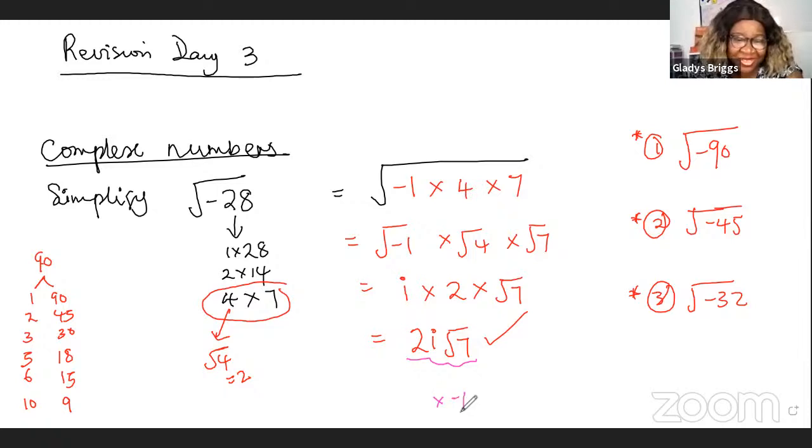This is -1, and this is 2 squared. And this is what? Square root of 7, yeah, because that didn't change, the square root of 7.